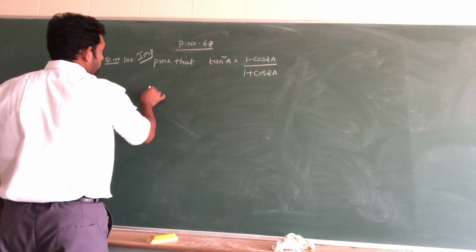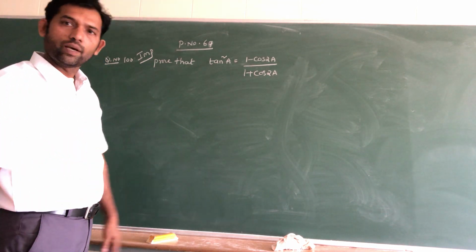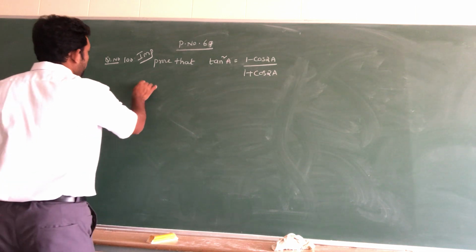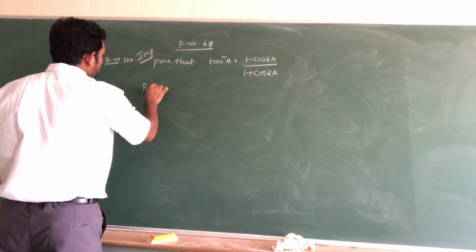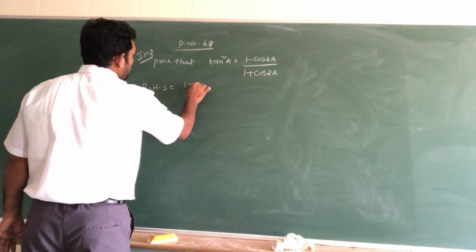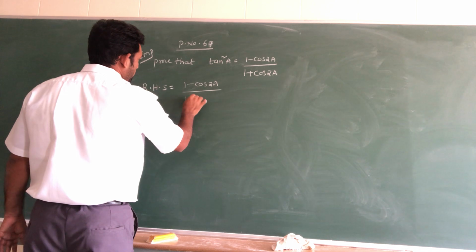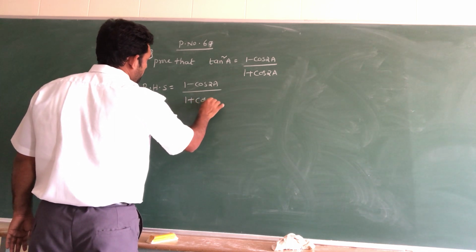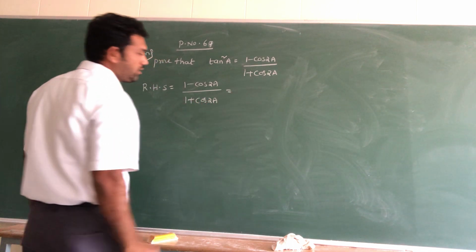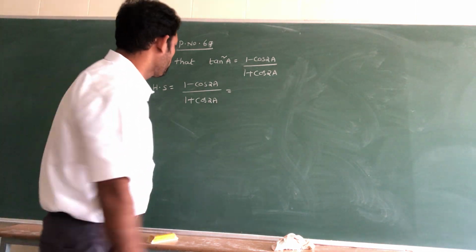Take the LHS value or the RHS value. I am taking the RHS value. So RHS is equal to 1 minus cos 2a divided by 1 plus cos 2a. So we have to substitute the cos 2a value.